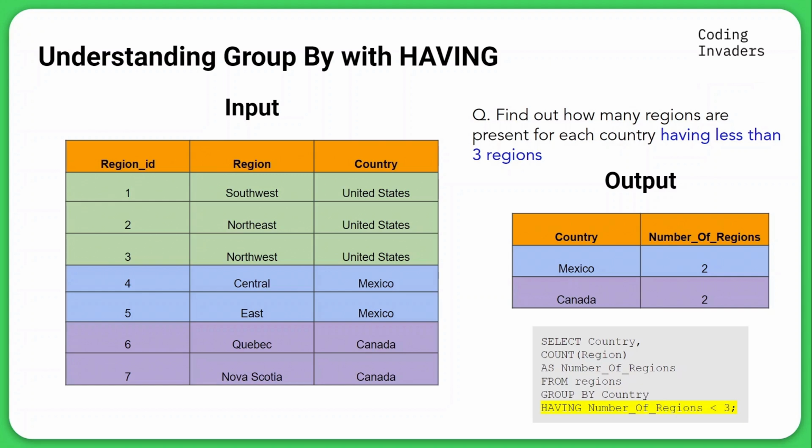Number of regions is no column as such in your original table regions. It is an aggregated column that you are having. So whenever you have any aggregated column and based on that you need to do a filtration, you should use having clause. So let's verify this in the Metabase.